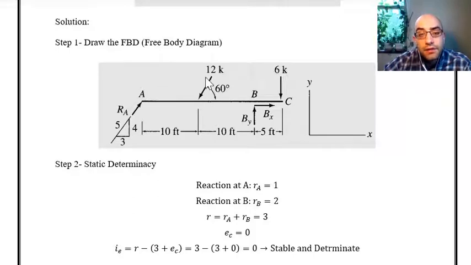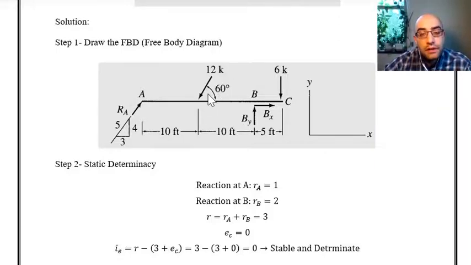Then I have this 12 kip force. The vertical component of this force will be 12 multiplied by sine of 60, right? We talked about it and I showed you the review note at the end of example 4. But that is the vertical component of this force.